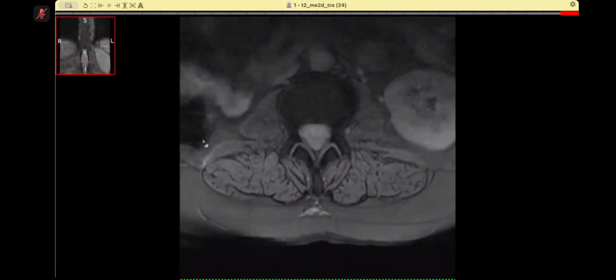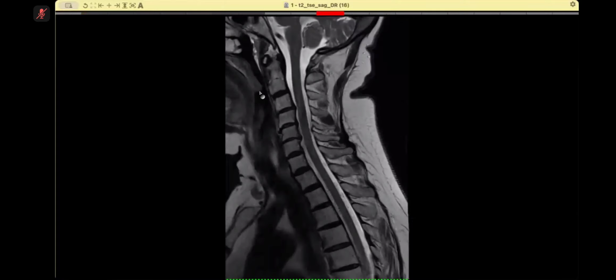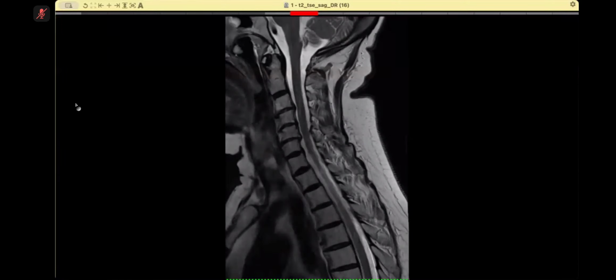So I'm showing you at the same level. I'm showing you axial. Now, are you worried about anything? Just look at the CSF space, nothing else. Okay. So basically, that is artifact, right? Yes.